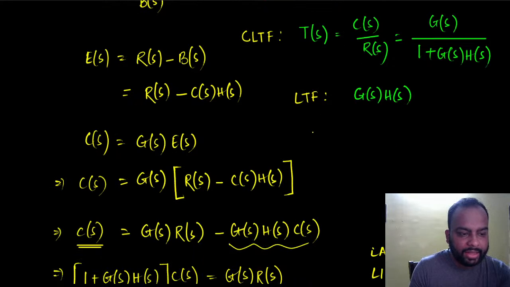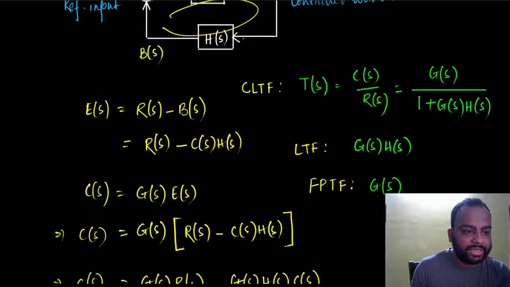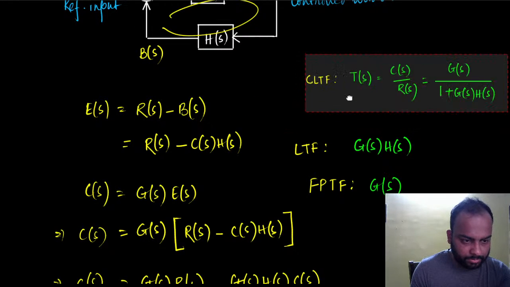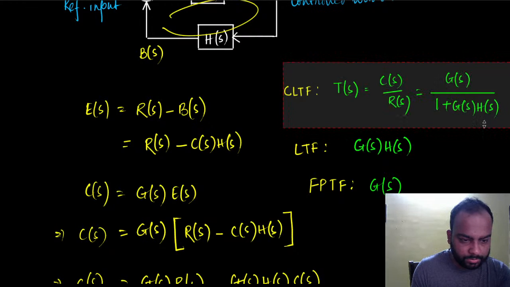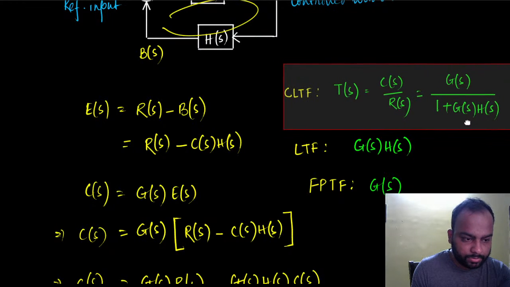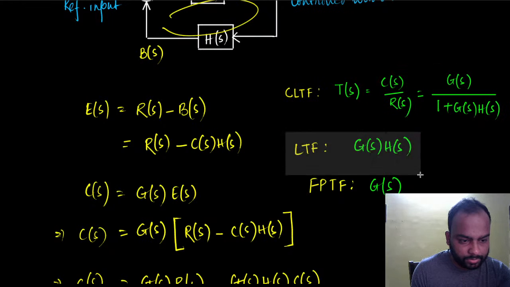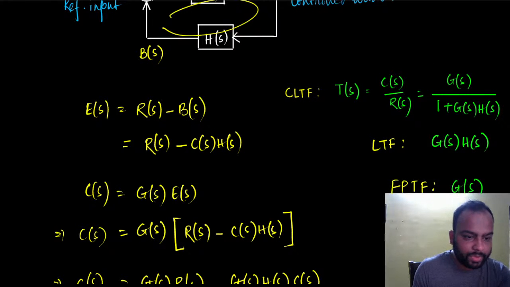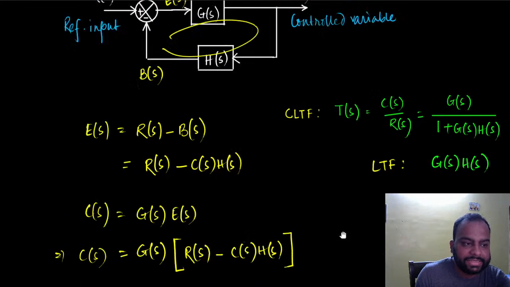And then you have the forward path transfer function, which is just G(s) in this drawing. So these are the terminologies you might have to remember. And of course H(s) is the feedback transfer function.